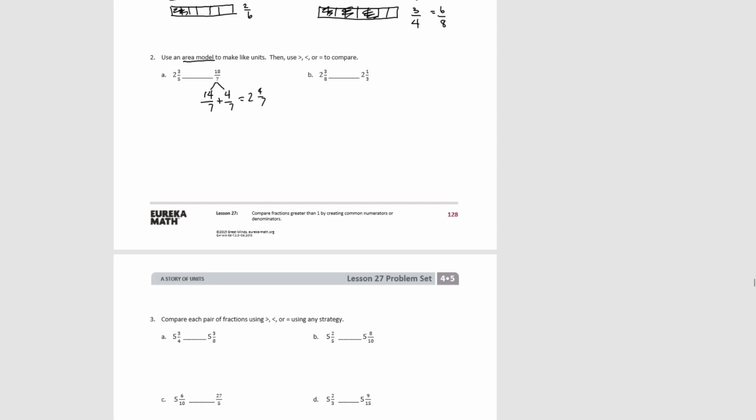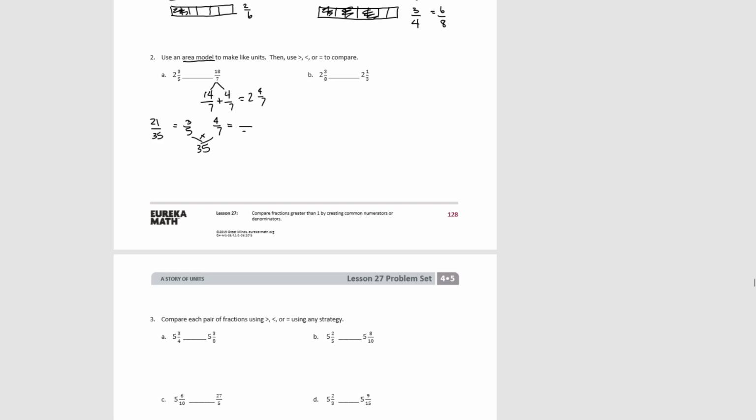So our whole numbers are the same. So now we're comparing 3/5 with 4/7. Our denominators are unrelated, so we're going to multiply them to get a common denominator of 35. So 3/5 would be equal to, in 35ths, 5 times 7 is 35, so 3 times 7 would be 21.